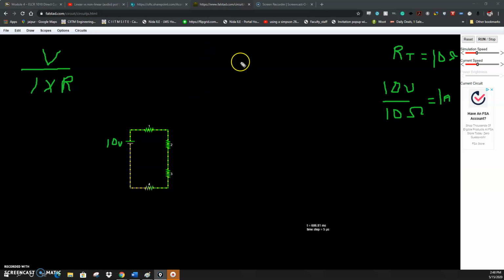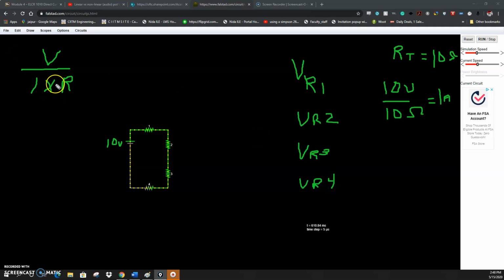So we're going to search now for the V of R1, and I'm just calling this one R1, this one R2, this one R3, and this one R4. So the V of R1, V of R2, the V of R3, and the V of R4.